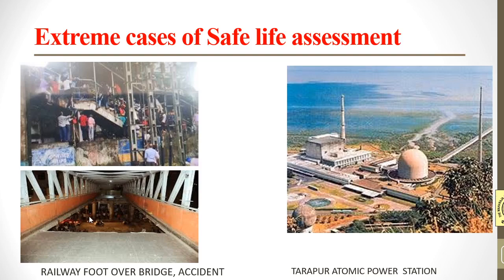These are the two accidents: railway foot over bridge accident. This was very modestly reported by media that some foot over bridge in Mumbai railway station had collapsed. This happens because we don't do our work properly.